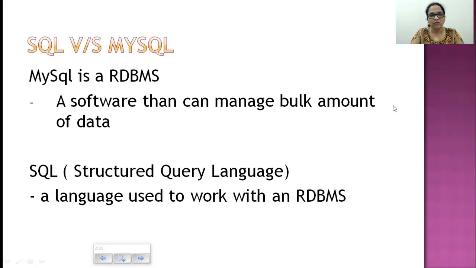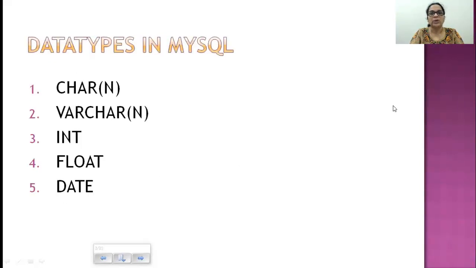But before we get into the different SQL commands that you need to learn according to the syllabus, we need to know something called data type. You must have come across the word data type in any other programming language that you've learned. If you've gone through my Python series, we have learned the data types of Python. What does the word data type mean?